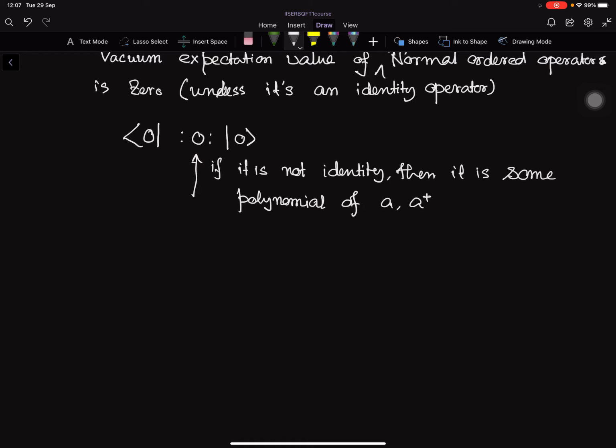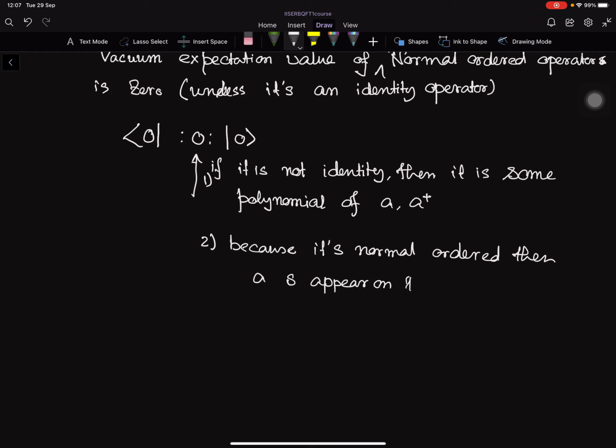Because it is normal ordered, the a's appear on the right and the a daggers appear on the left.